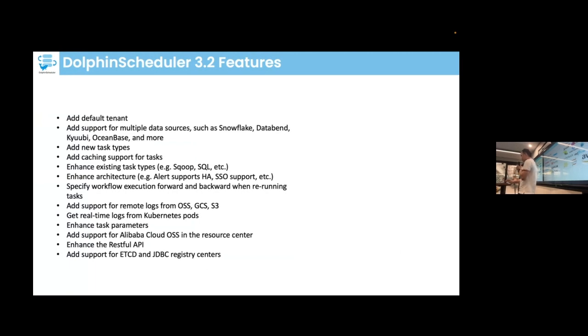And DolphinScheduler has integrated with many big data and machine learning frameworks. It also integrates with many cloud platforms like AWS. If you want to know more about DolphinScheduler, you can check the link here.